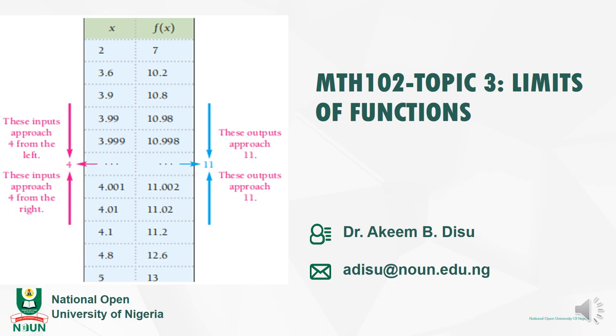We can see the input approaching 4 from the left. If you look down, we can also see the input approaching 4 from the right. The words approaching or tend to shall be used in this class.